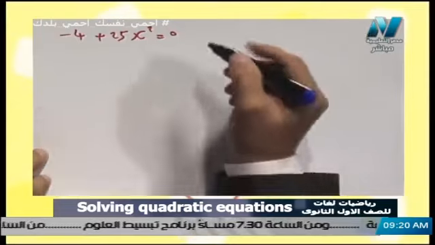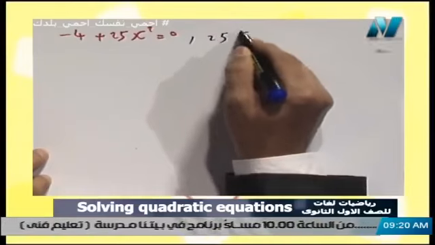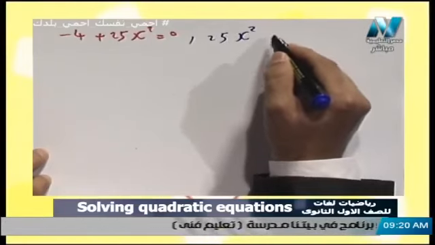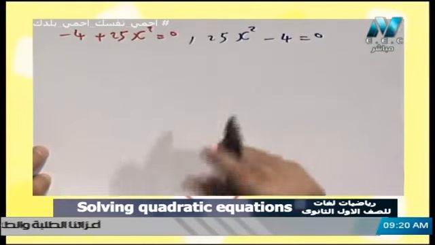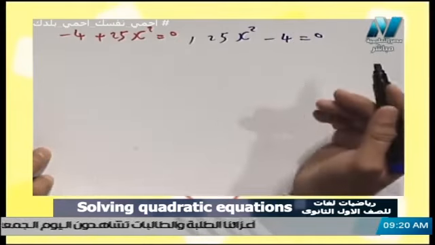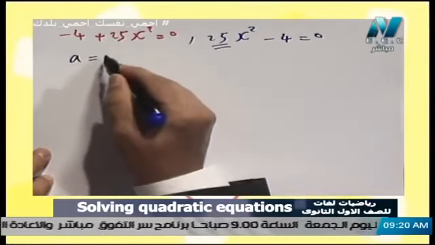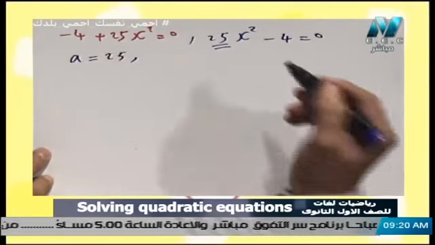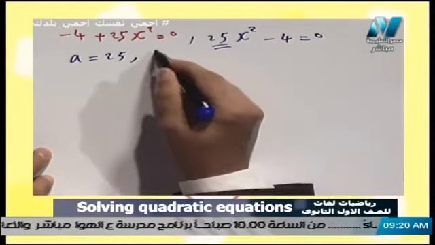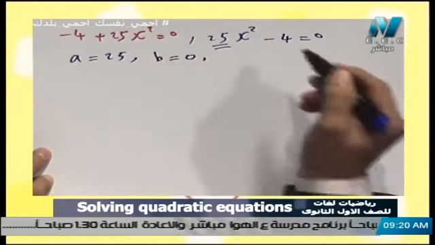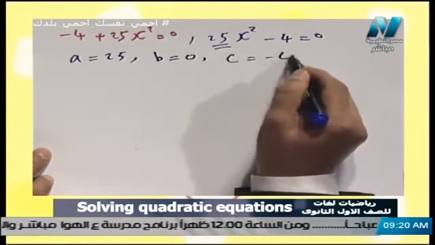By rearranging it, it will be 25x power 2 minus 4 equals 0. We try to find a, b, and c. A is the coefficient of x power 2, and it equals 25. B is the coefficient of x, and we have no x here, so b equals 0. C is the absolute term, so c equals negative 4.